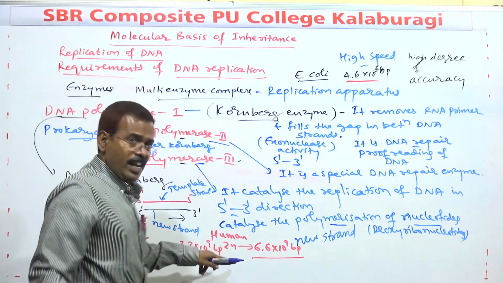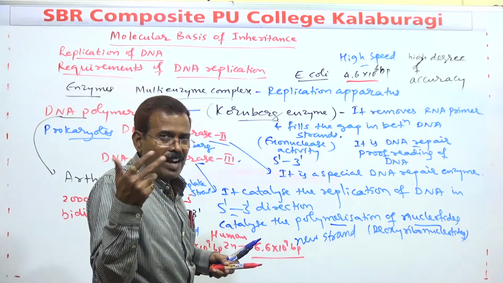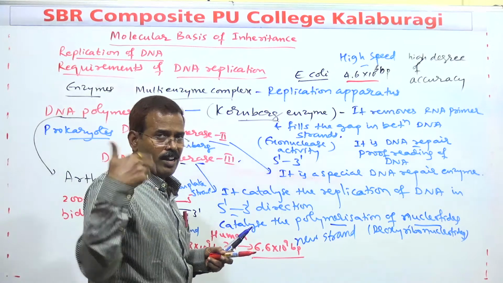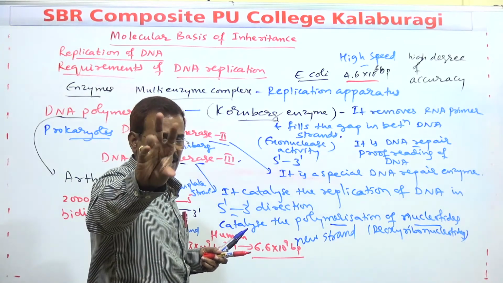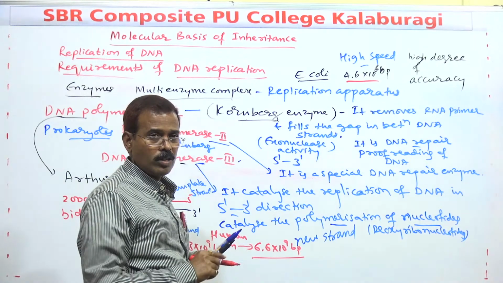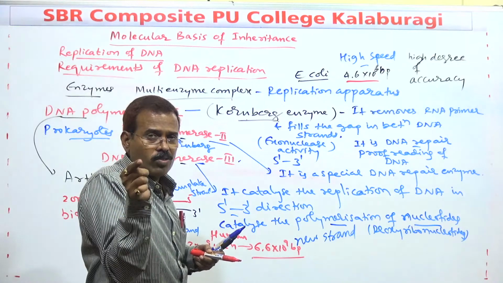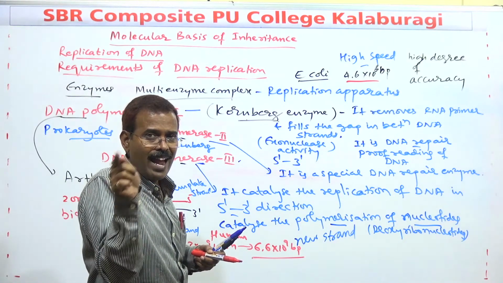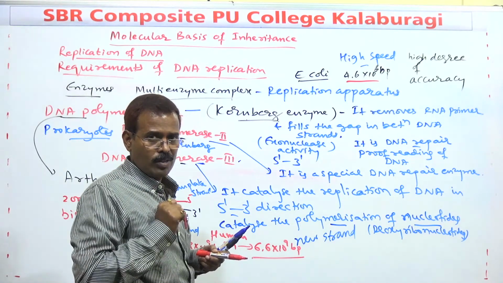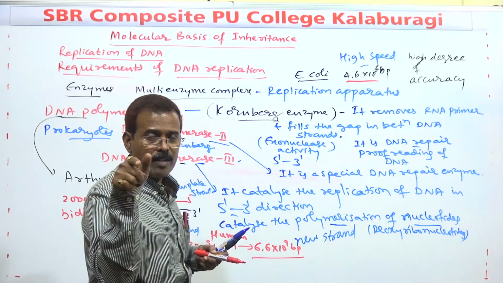In eukaryotes, there are 5 types of DNA polymerase enzymes. The main one is DNA polymerase delta.